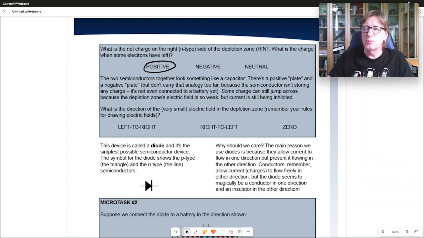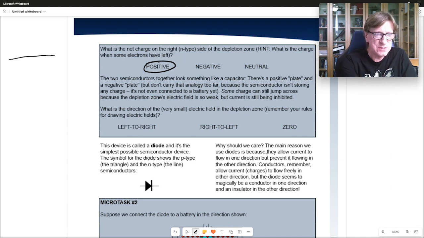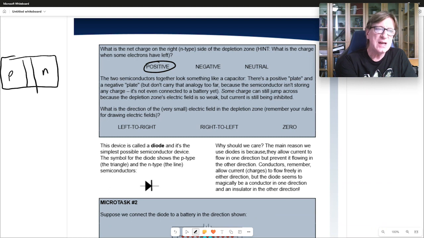So now what we want you to do is say, what is the electric field in the depletion zone? I'm not going to draw that whole lattice, but I'm just going to sketch my two pieces here. So here's my depletion zone. This is my p-type, and this is my n-type. We've decided that we have a very, very slight negative charge here and a very, very slight positive charge here, because those electrons have left.